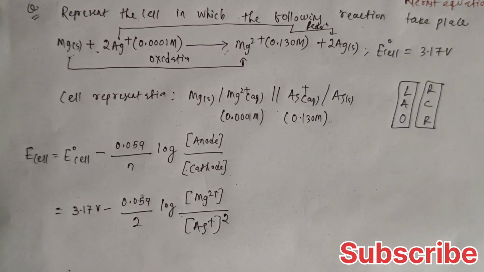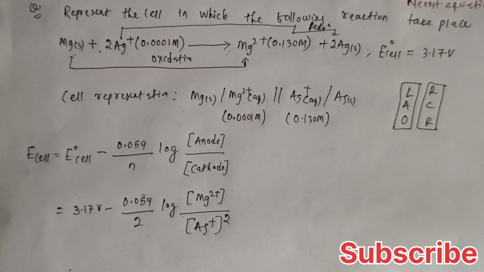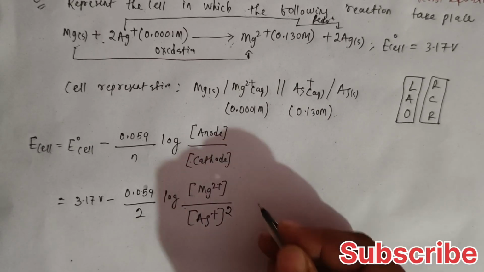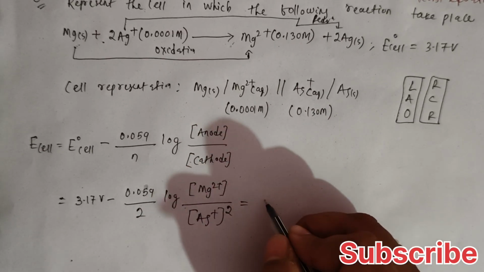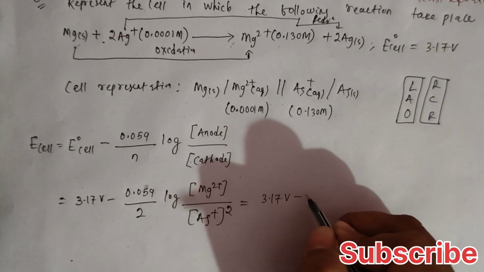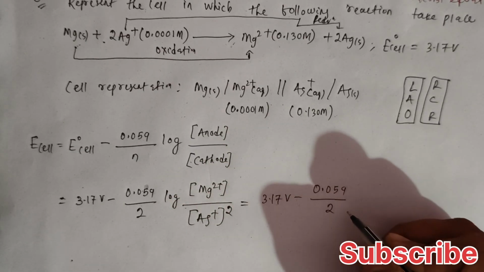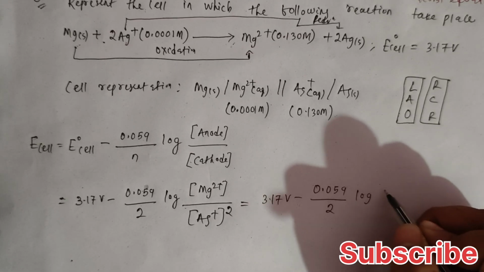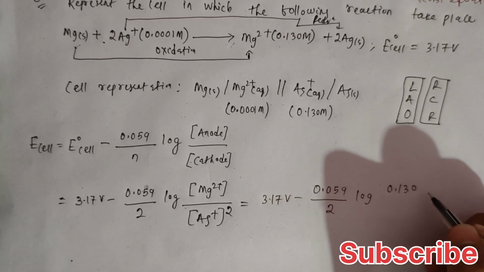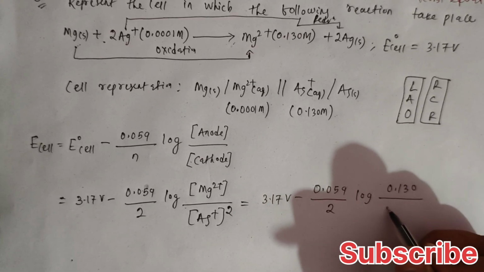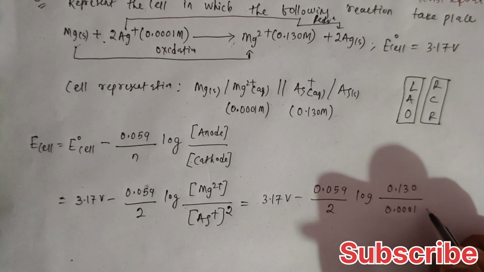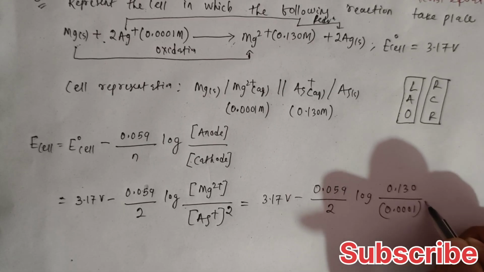Now after that we just have to put in the values. So 3.17 volt minus 0.059 by 2 log of 0.130 divided by 0.0001 to the power 2.